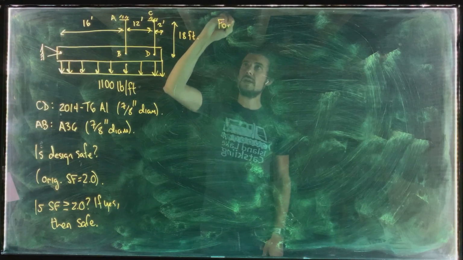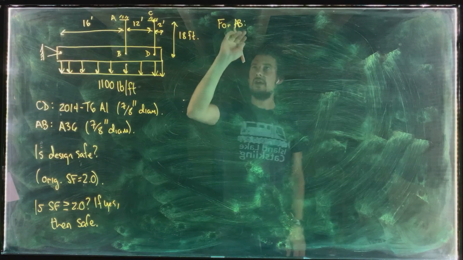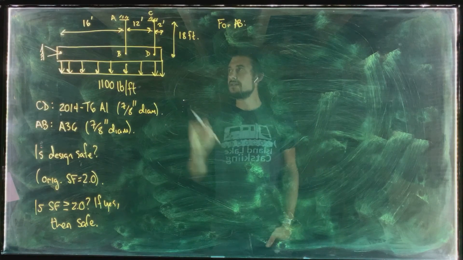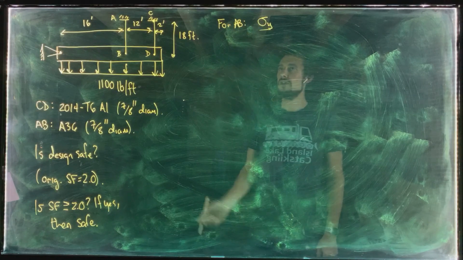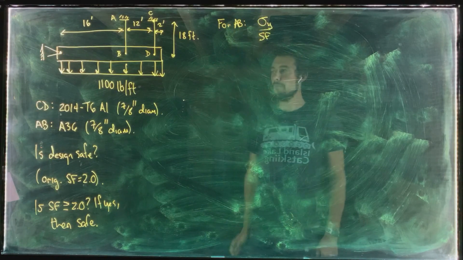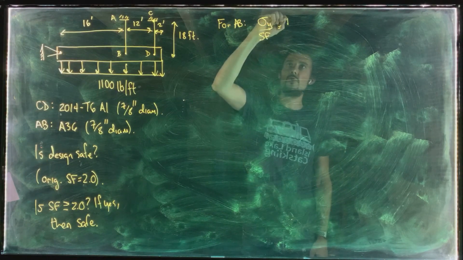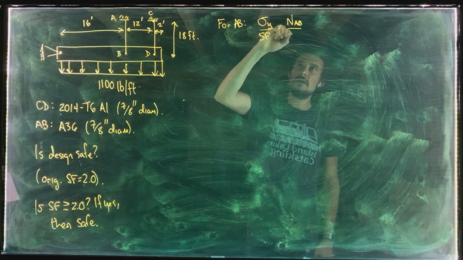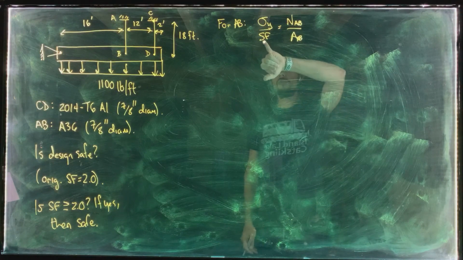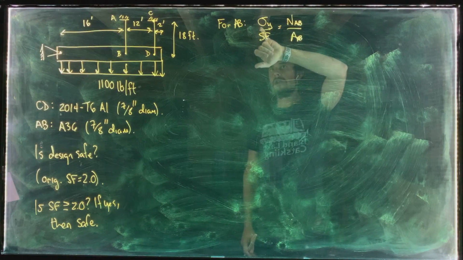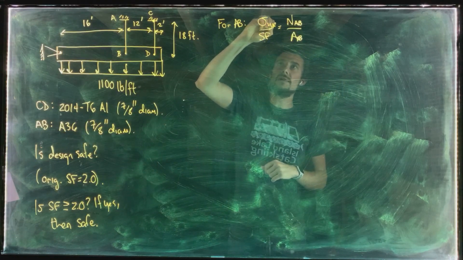So for cable AB, for example, the allowable stress in cable AB is the yield strength of that material divided by the actual safety factor, and we'll set that equal to the normal force in cable AB divided by the cross-sectional area of AB. And then we'll solve for the safety factor, right? Here, the yield strength for AB will be the yield strength of A36 steel.